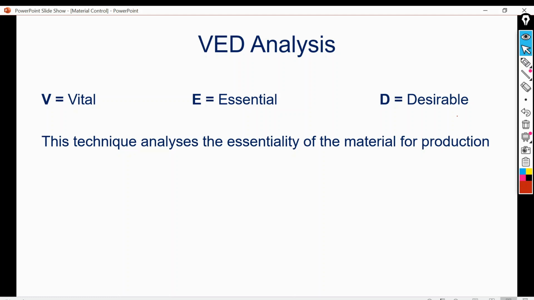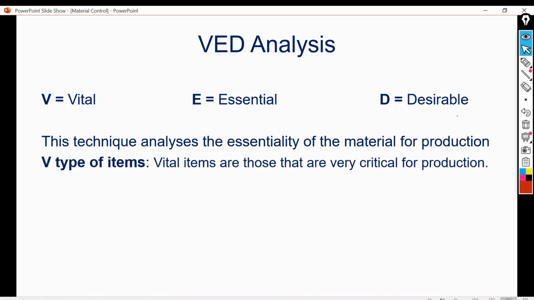In ABC analysis, all the material is divided from the value point of view, but in VED analysis all the items are divided into vital, essential and desirable on the essentiality of the material for production. V type of item, vital items, are those that are very critical for production.